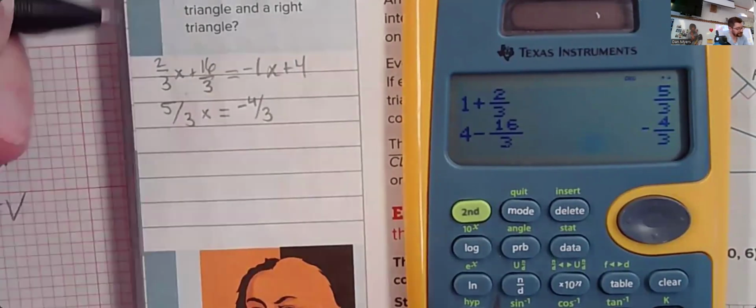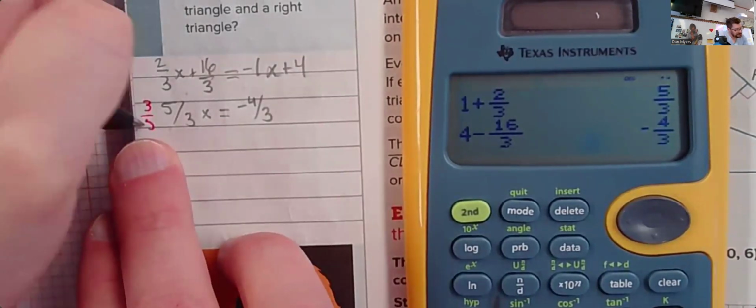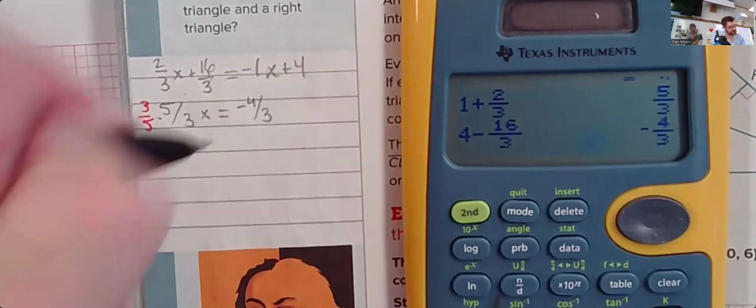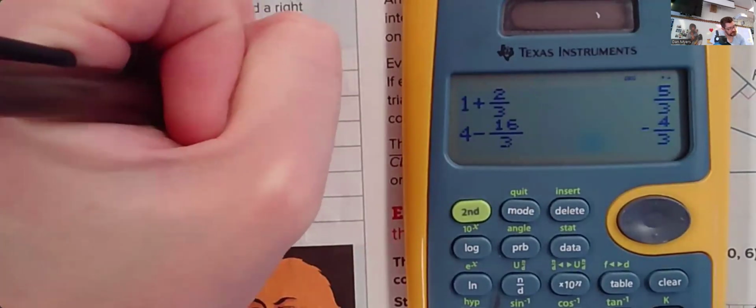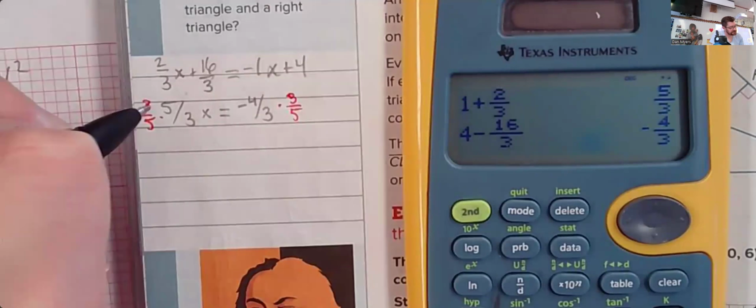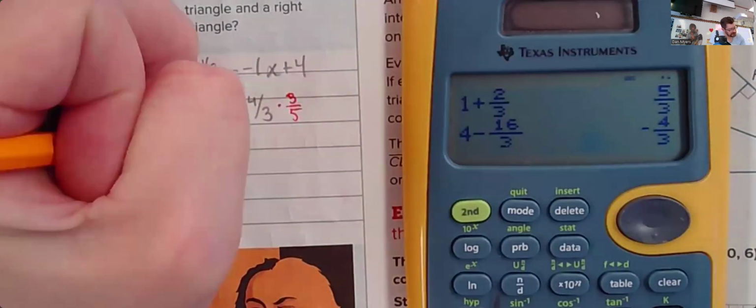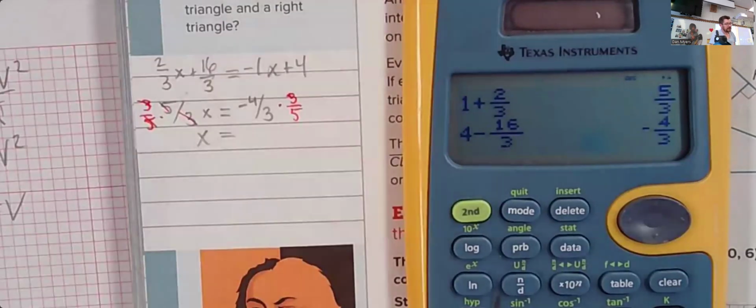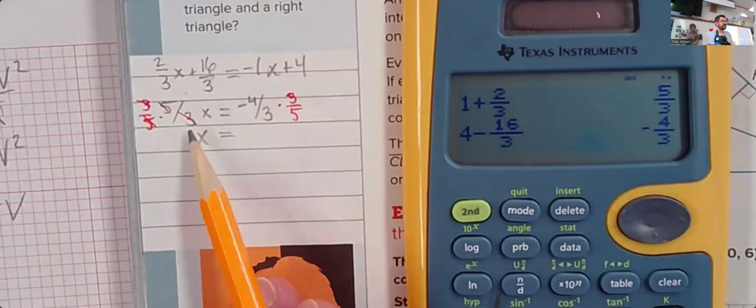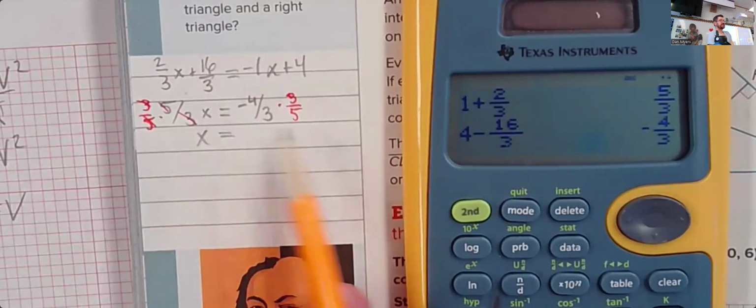So we're going to multiply both sides by 3/5. So on the left, those all cancel, and we get x, which is exactly what we want. To get rid of a fraction next to a variable, multiply both sides by the reciprocal of that fraction.